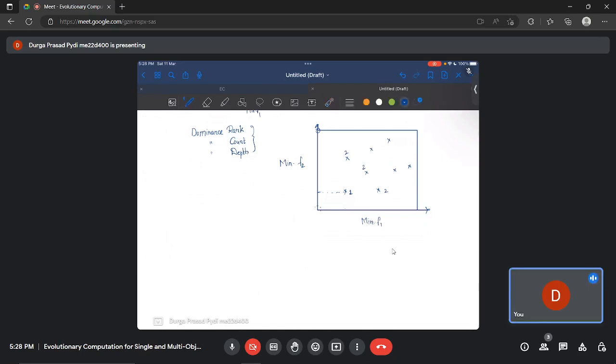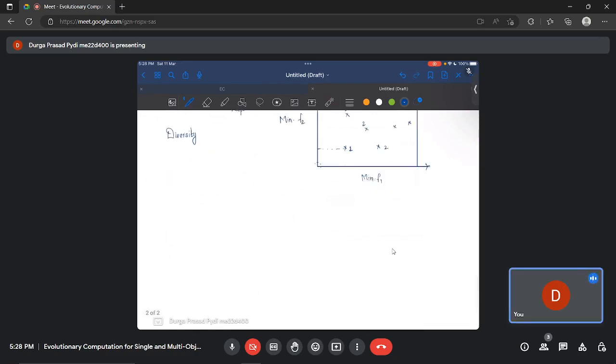So last week we discussed this particular method, and we also discussed diversity. Diversity is essentially when you have two different solutions on the Pareto front, say some ith solution and some jth solution. There could be several ways of measuring it. One possible way is to construct a rectangle over the i and j points and measure the Euclidean distance between them.